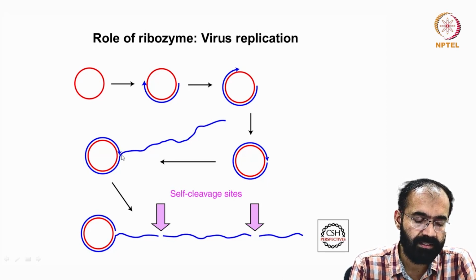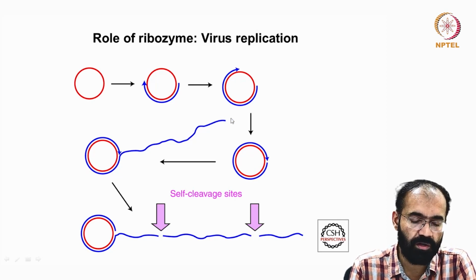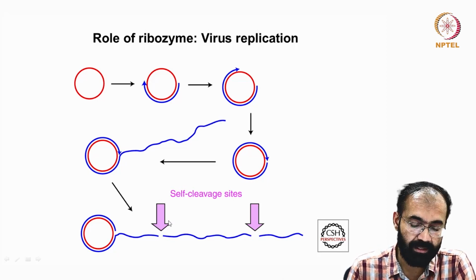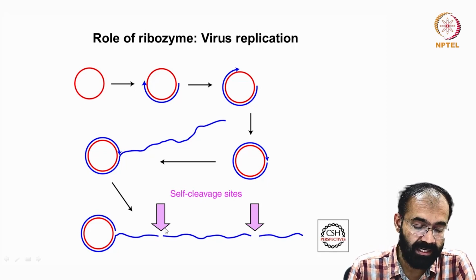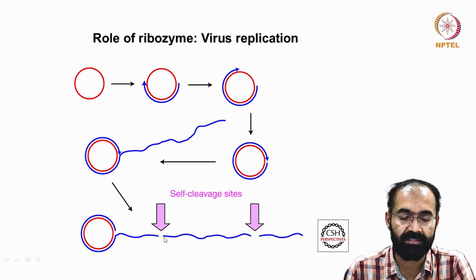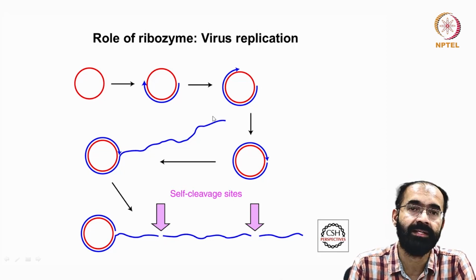Now this strand is being replaced by the newly formed strand, so the old strand falls out of the rolling circle. It needs to be cut at frequent intervals, without which it won't be meaningful, and these pieces then circularize and give rise to individual copies. This cleaving at frequent intervals happens because of a ribozyme action encoded in this structure.